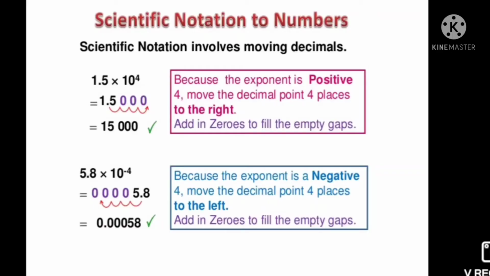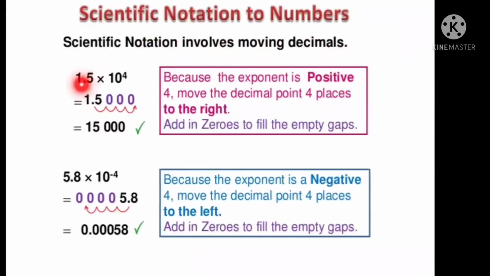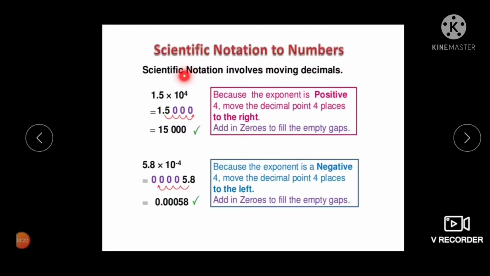We can also convert scientific notation into standard form. 1.5 into 10 to the power of 4. How can we convert it into standard form? Here the exponent is 4 and it is positive. If the exponent is positive, move the decimal point towards the right.